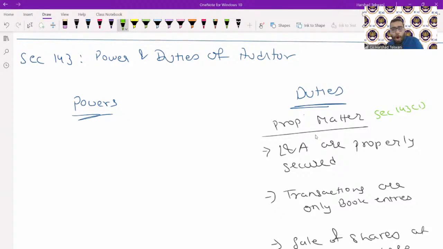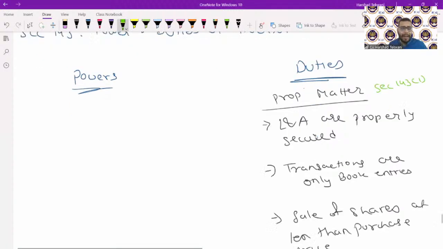Now to do all of these, the auditor will have a right, so he needs some powers. If I'm required to comment on the proprietary matters, then I'm also required to have some powers. What are the powers he has?